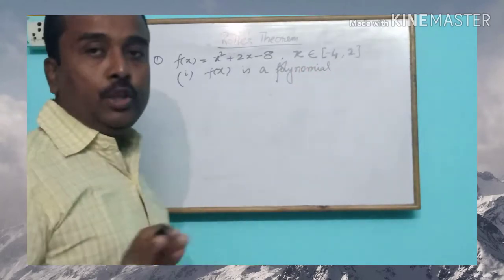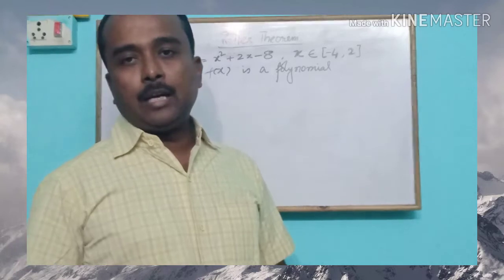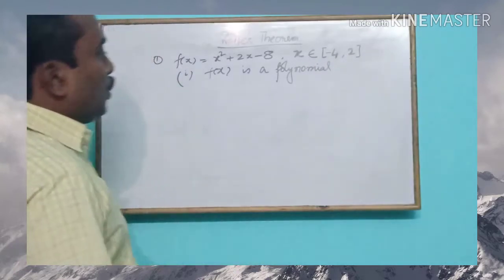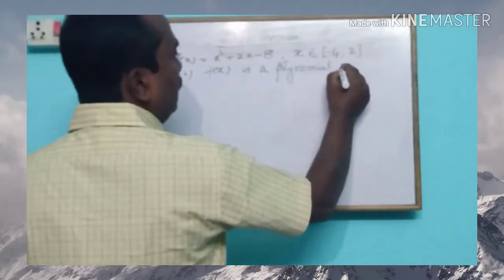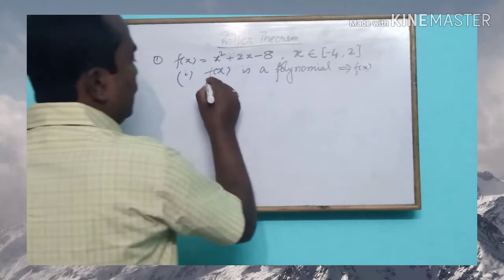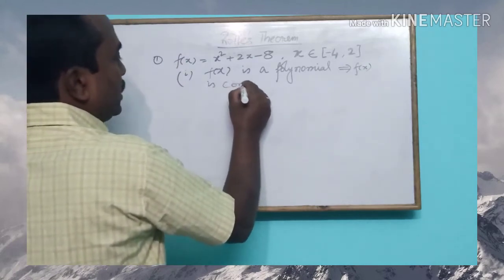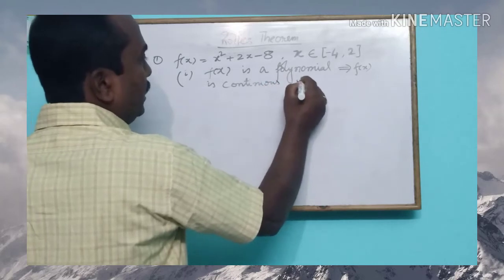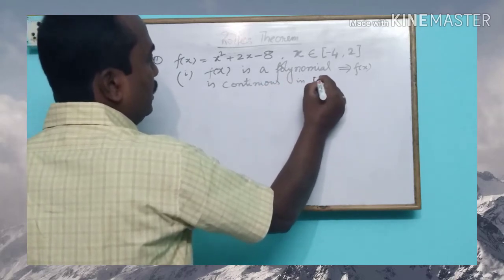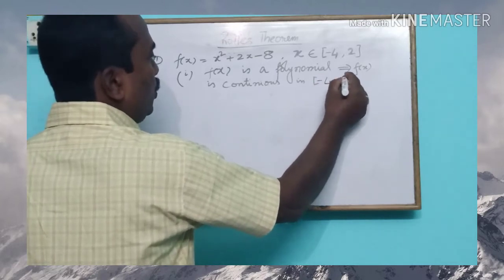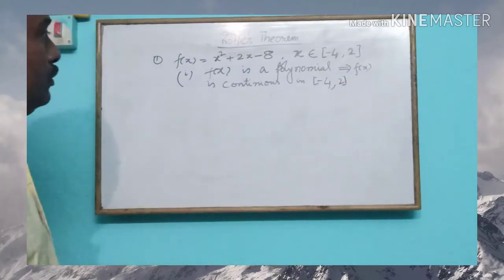And every polynomial is continuous in the given interval or any interval. So since f(x) is a polynomial, this implies f(x) is continuous in the closed interval -4 to 2.